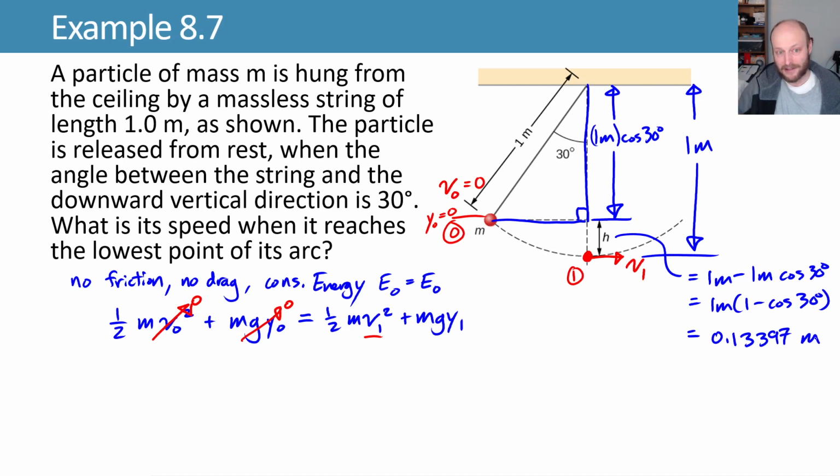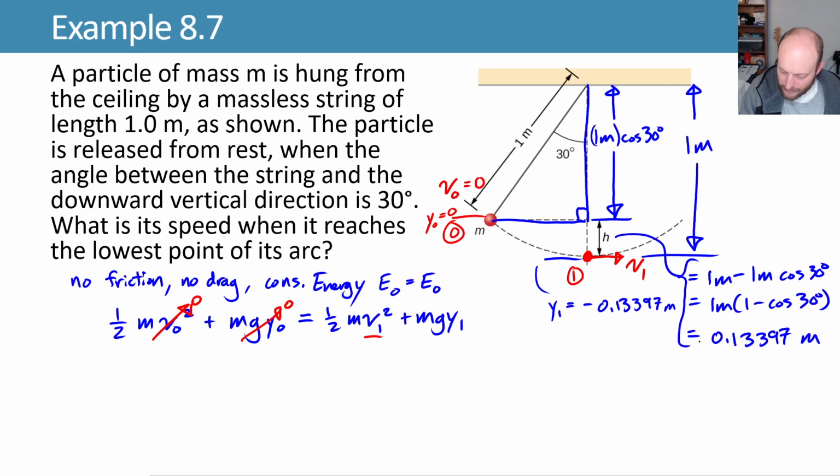And in my coordinate system now, that means that my y1 position is a negative of that, right? Because this is a distance below. So my y1 is equal to negative 0.13397 meters. Apologies if this got a little bit crowded here, but you get it now. So now we know y1.